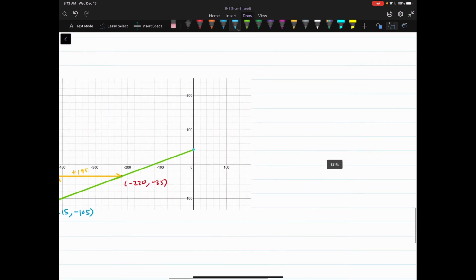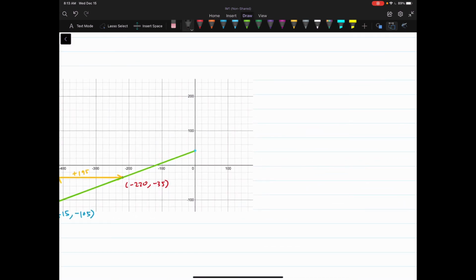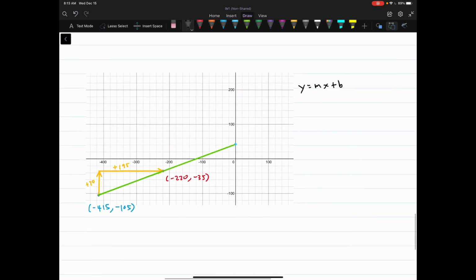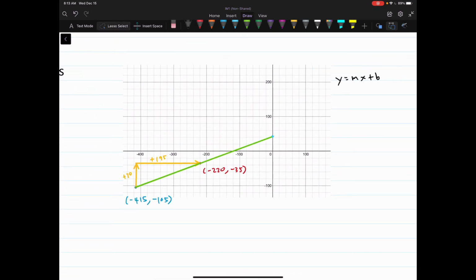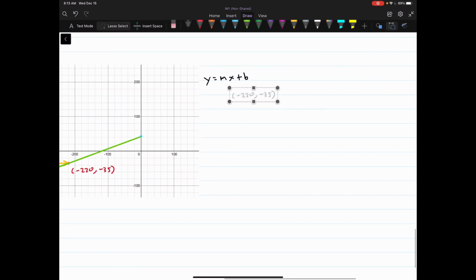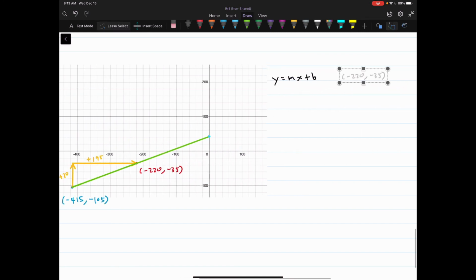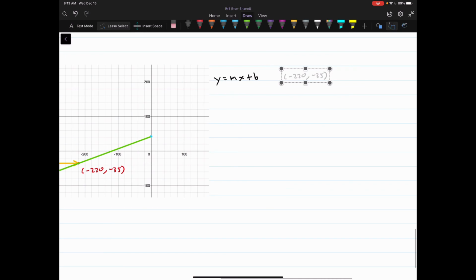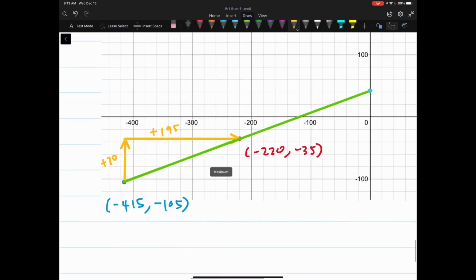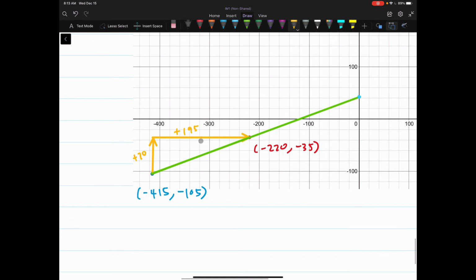So I already know my equation: y equals mx plus b. I'm going to choose this point here, because it's smaller. My slope is m equals rise over run, 70 over 195.